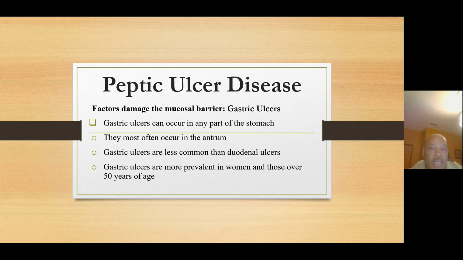Now, gastric ulcers are more likely than duodenal ulcers to cause an obstruction. If you think about it, once the tissues in the stomach begin to change, especially if that tissue is close to the gastric outlet, the portion of the stomach that leads into the duodenum, which is the first part of the small intestine, when that tissue is destroyed by the increase in gastric acid, it begins to change.